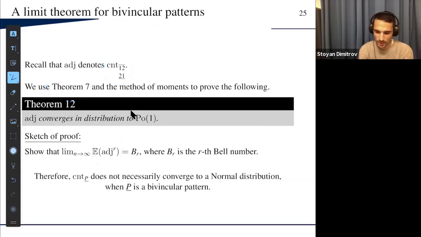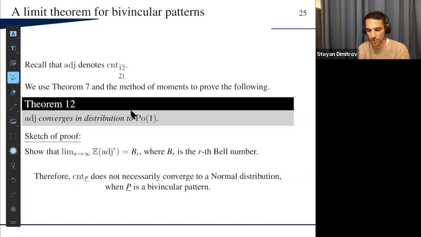Obviously, in the case of bivincular patterns we do not always have a normal distribution. So this is one further question that is worth investigating. Can we classify all these bivincular patterns in terms of their limiting distribution for the number of occurrences?